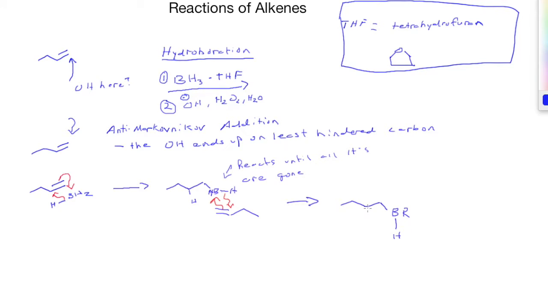And the R group, remember, is this alkyl chain right here. That's our R group. And then this is going to happen again, right? So until we get all BRs right here, right? So I'll just draw another arrow, and so we end up with this.